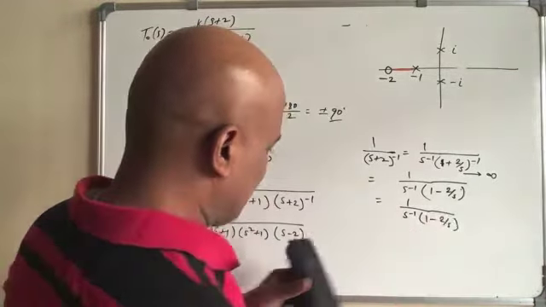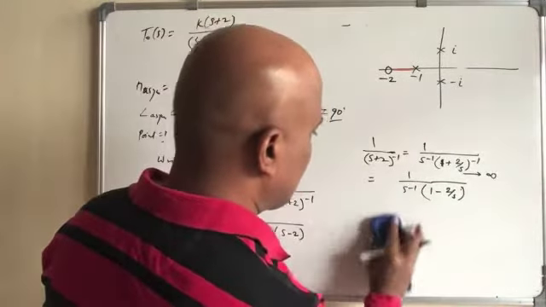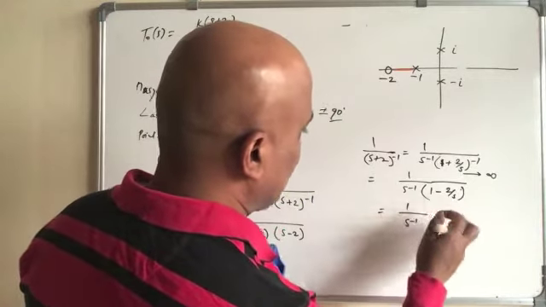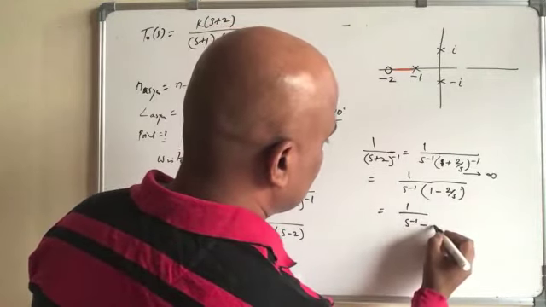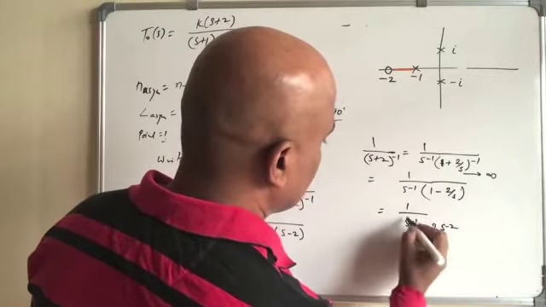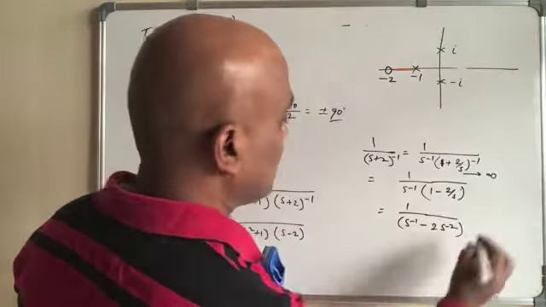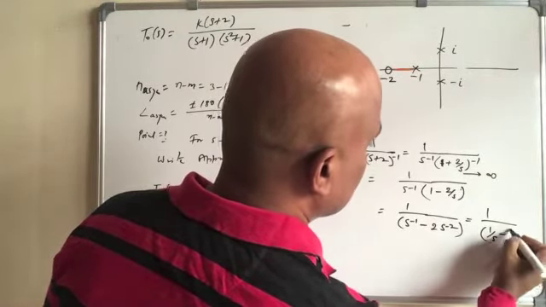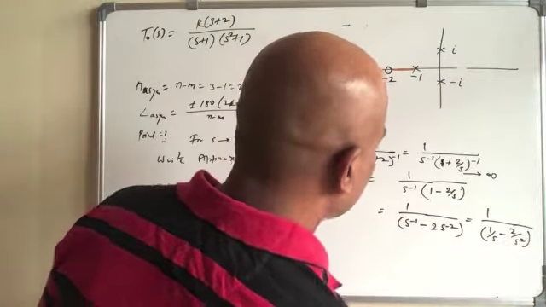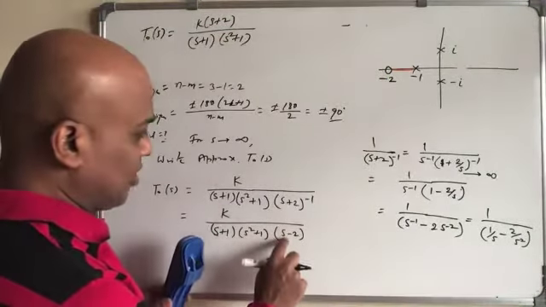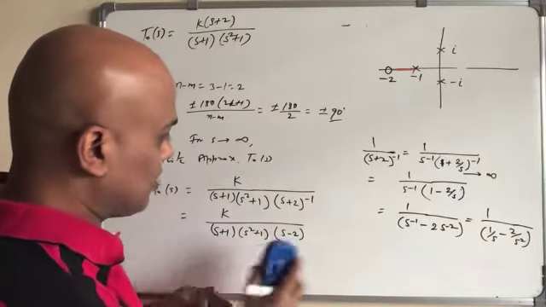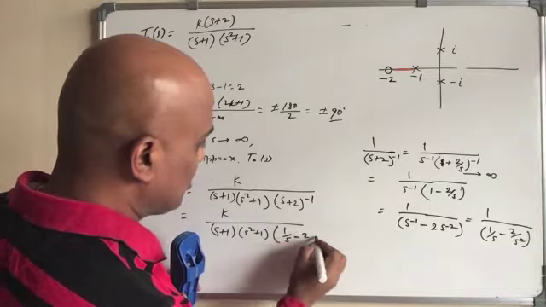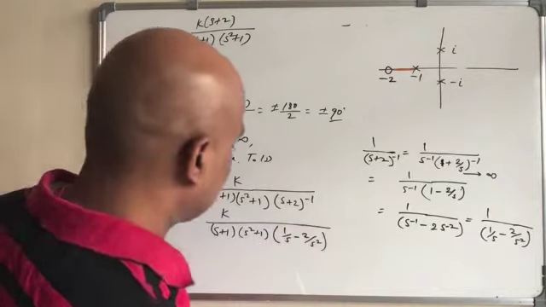So we can write it simply equal to 1 over s inverse, and then 2 times s to the power minus 2, or simply 1 over s minus 2 over s square. Okay, so here it will not be s minus 2, so we can write it like this: 1 over s minus 2 over s square.